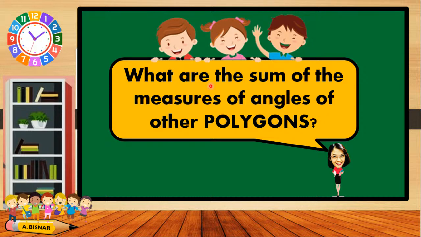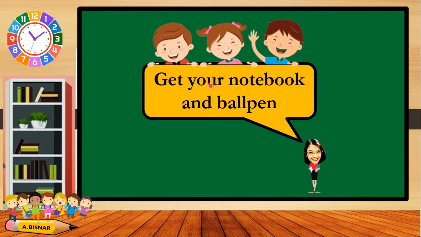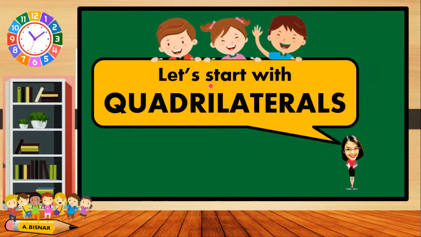So this is what we are going to do. Get your notebook and ball pen for scratch work, but you can also solve this in your mind. Do you already have your notebook and ball pen?